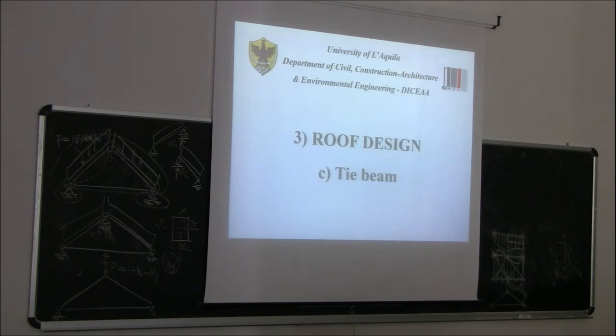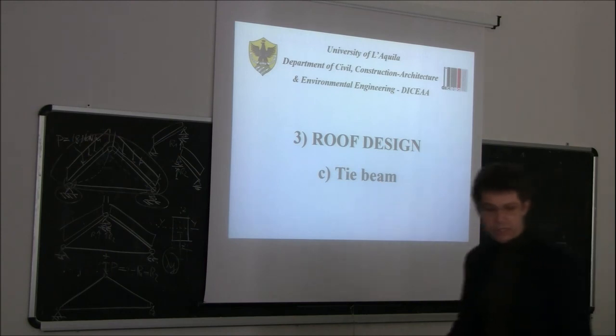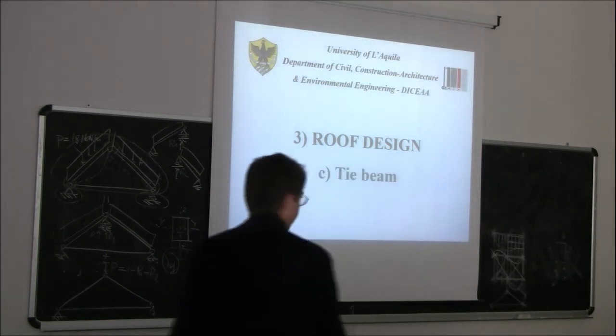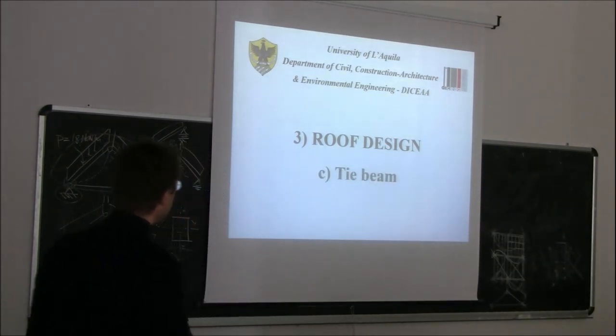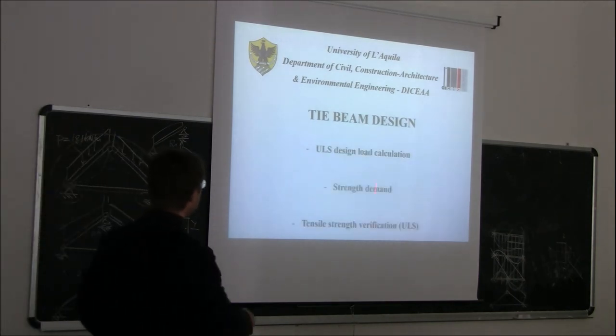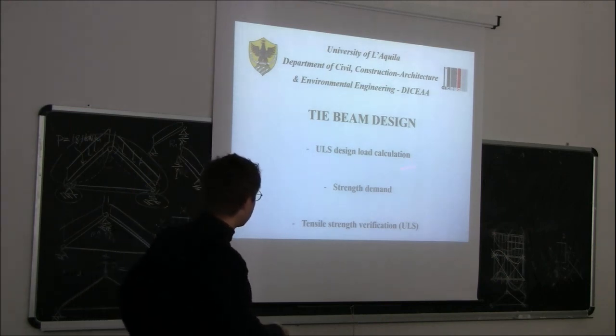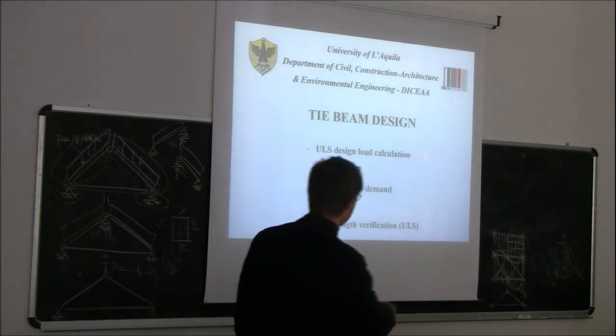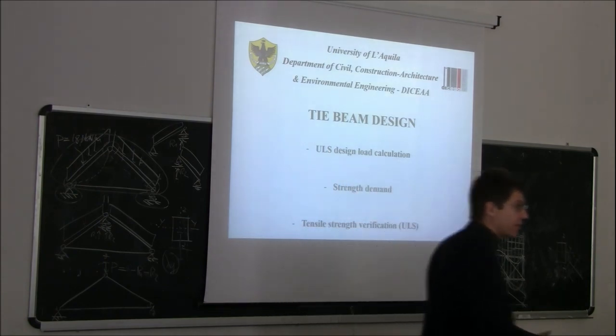Okay, now to conclude, we just missed the design of the tie beam, and then next time we can start with the connection between the rafter and the tie beam. So for the tie beam design, we have to go through the ultimate limit state design load calculation, strength demand, and strength verification. But actually, these first 2 bullet points were already solved before.